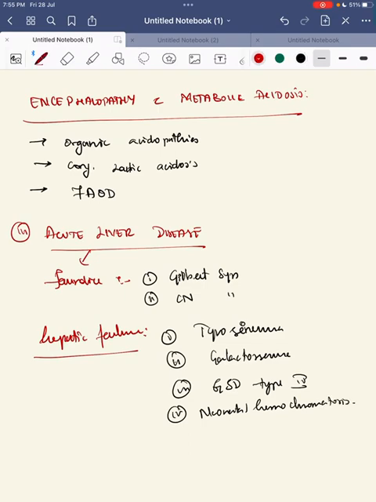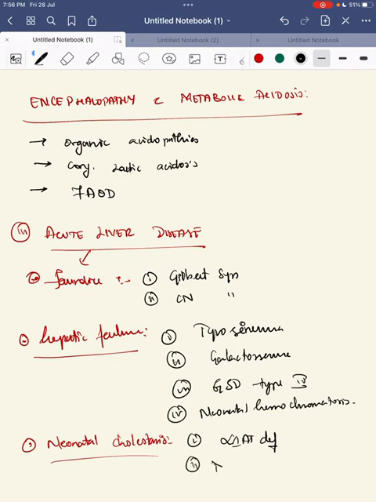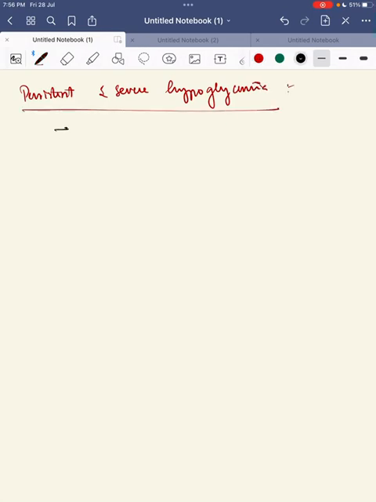Okay. Next, the child can present with neonatal cholestasis. Examples for this presentation are alpha-1 antitrypsin deficiency and, second, Niemann-Pick disease type C. Or the child can present with persistent and severe hypoglycemia.